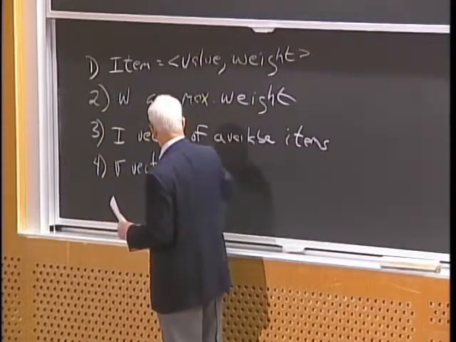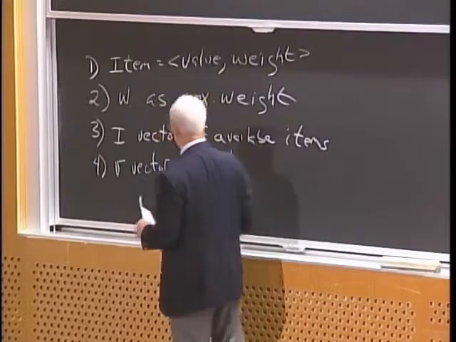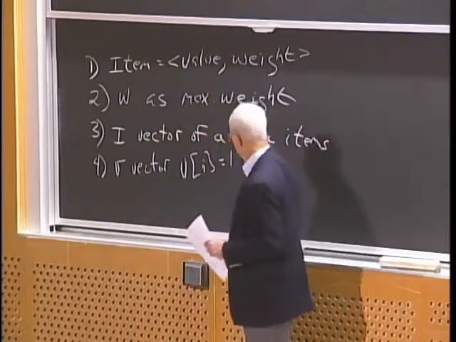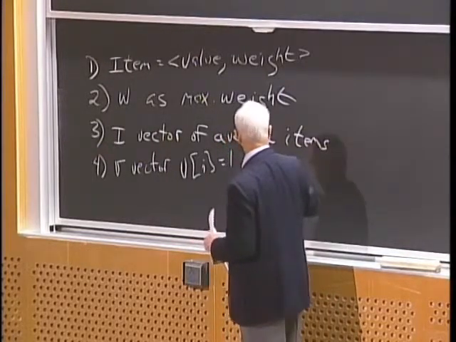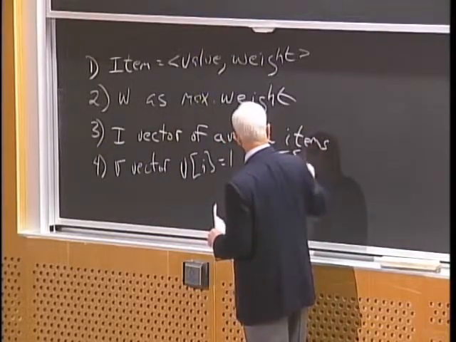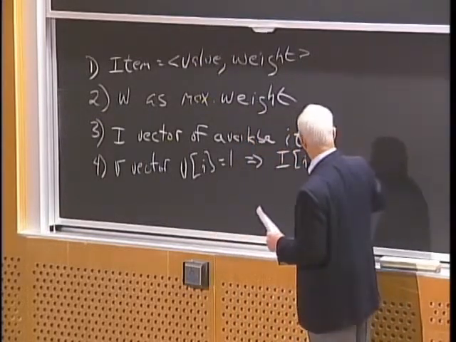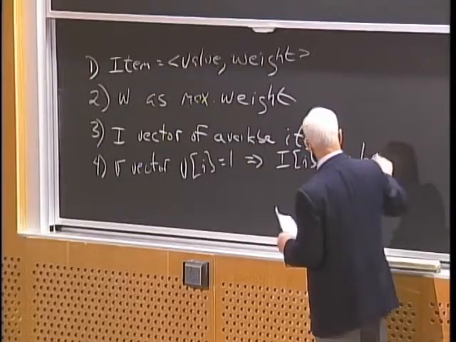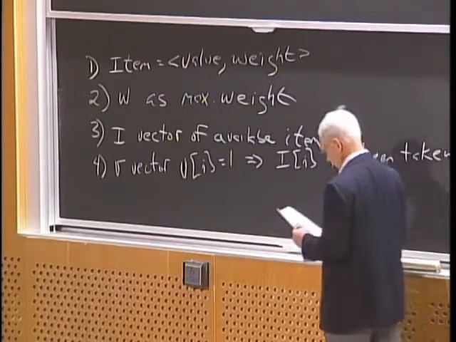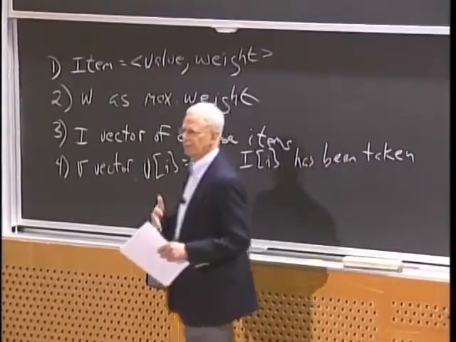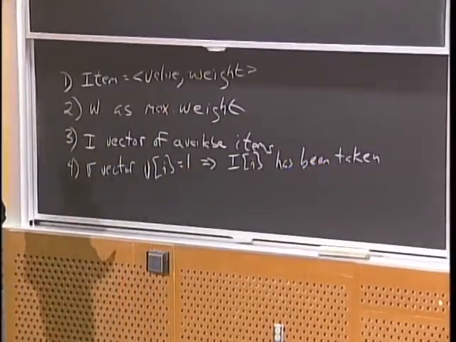And if V sub I is equal to 1, that implies that I sub I, big I sub little I, has been taken, is in the knapsack. Conversely, if V sub I is 0, it means I sub I is not in the knapsack.